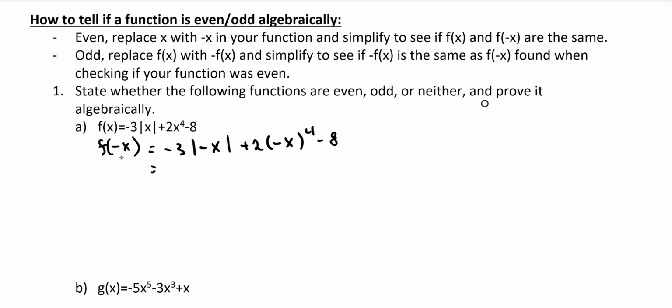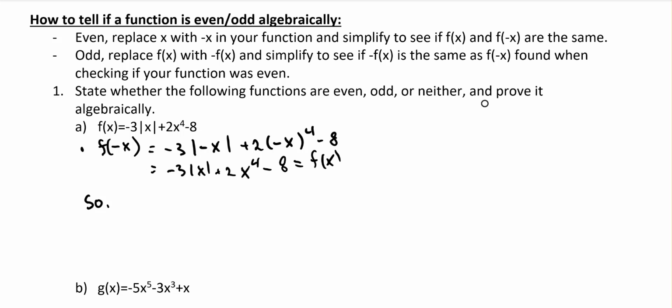When I do this, my absolute value sign takes care of that negative there. My negative is raised to a fourth power. Whenever you have a negative raised to an even power, that effectively kills off the negative, so that goes away. So it's really just x to the fourth minus 8. And this is equal to f of x.